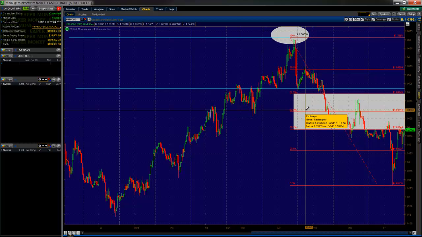Trading successfully is all about stacking probabilities, and I'm able to stack the probabilities in my favor if I know where the market was oversold or overbought before. I know there was more supply there than demand. So let's say a market was overbought and it dropped off. The only reason it dropped is because there were more willing sellers than willing buyers at that range of prices.